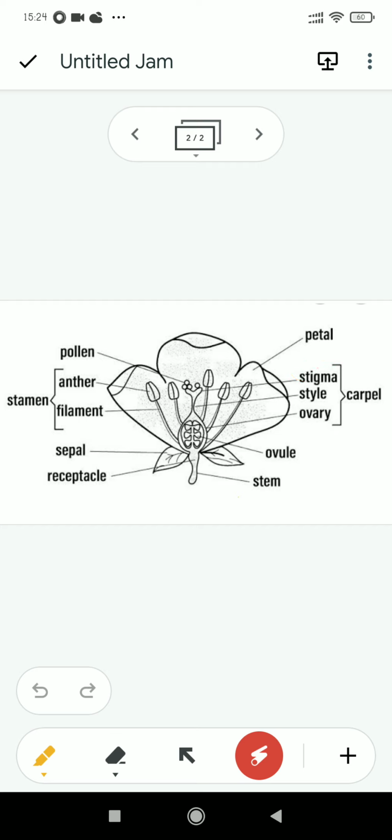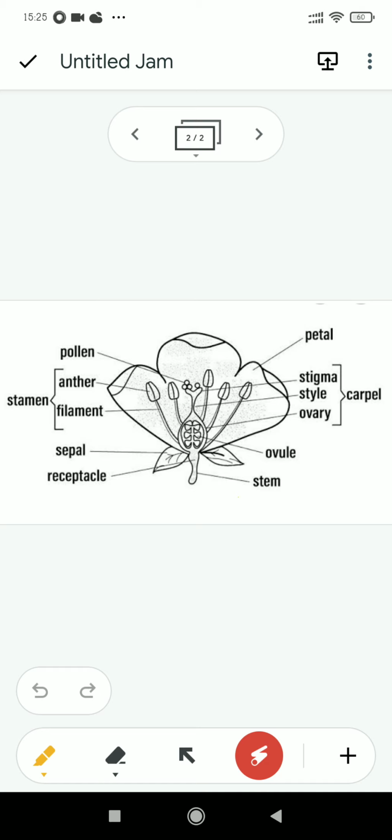Now this pollen grain creates a chemical reaction, and due to this chemical reaction a narrow and thin pipe originates and gets connected to the ovary. The narrow tube carries this pollen grain into the ovary. This happens through the process of chemotropism.